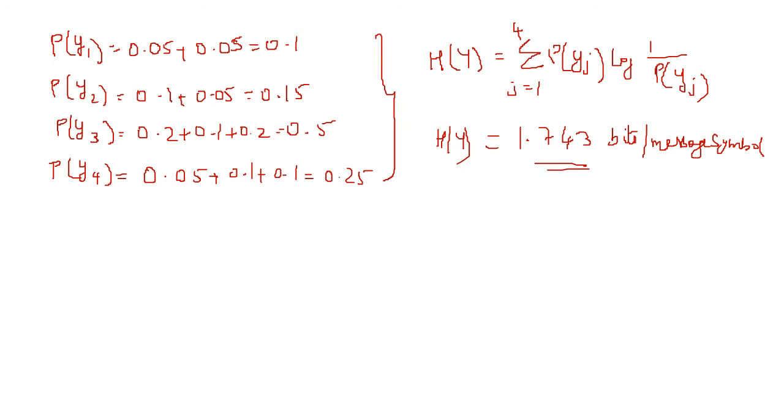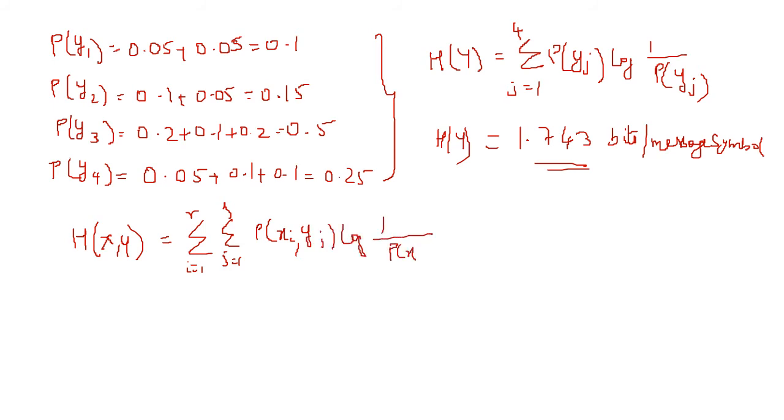Now we know the joint probability elements, and we know H of X comma Y is nothing but summation i varying from 1 to r, j varying from 1 to s, P of xi comma yj into log of 1 by P of xi comma yj. That is, we are going to take all the elements of the joint probability matrix and find its entropy.